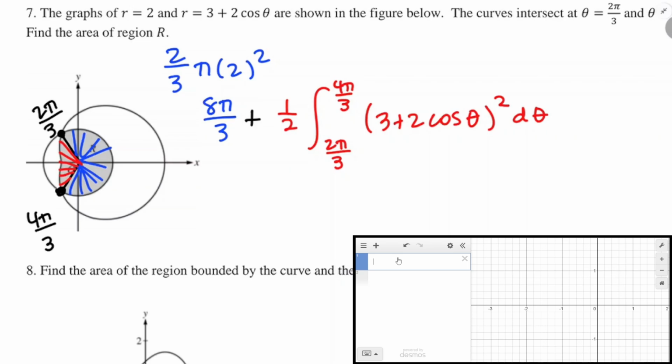So 8 pi over 3 plus 0.5 times the integral from 2 pi over 3 up to 4 pi over 3 of 3 plus 2 cosine theta squared d theta, and get 10.370.